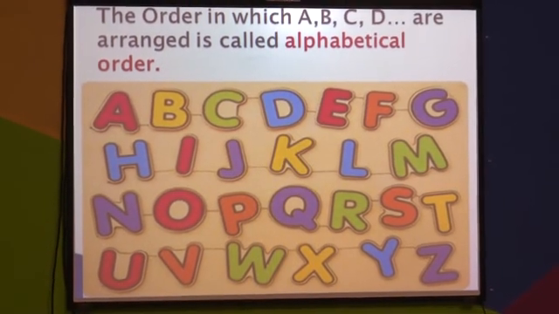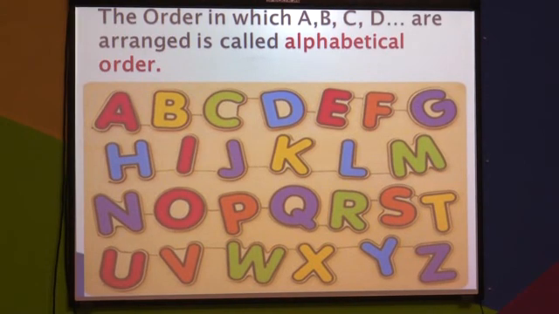Now what is alphabetical order? The order in which A, B, C, D are arranged is called alphabetical order. You can see here the alphabets, or we can say the letters, are arranged in order. This sequence we call alphabetical order.